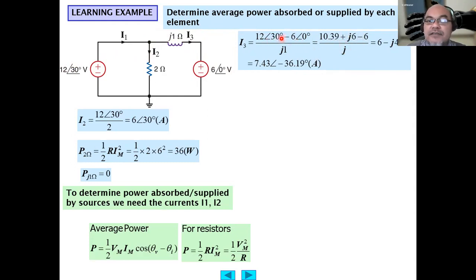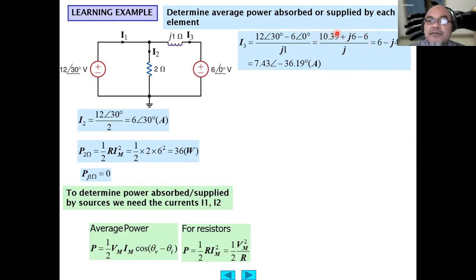First we convert this into complex notation: 10.39 plus j6 minus 6, all divided by j. The real part will be j6 divided by j, which equals 6.